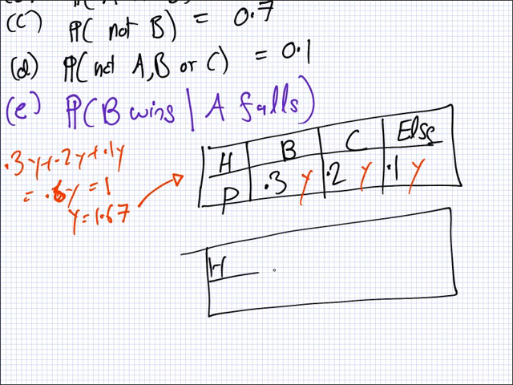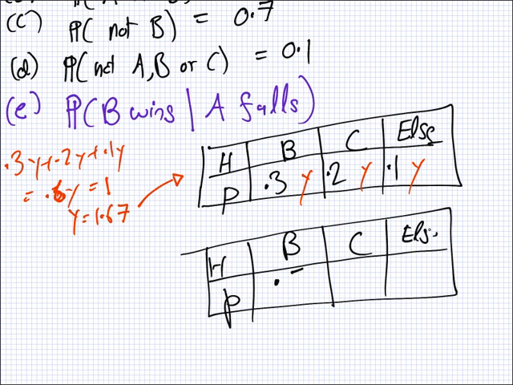So the first one now is 0.5. And then the next one is 0.3. And then the last one has to be 0.2? Are you sure you did that right?